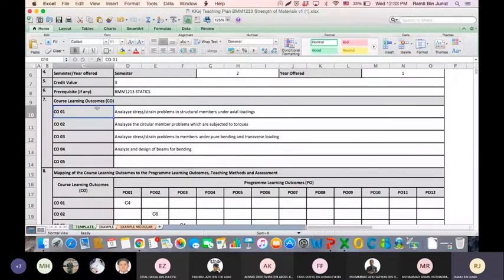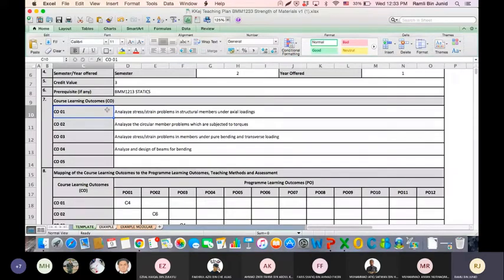So this tells you that by the end of the semester, once you have finished studying this subject, what knowledge you should already have obtained. That is the meaning of course outcome or subject outcome.